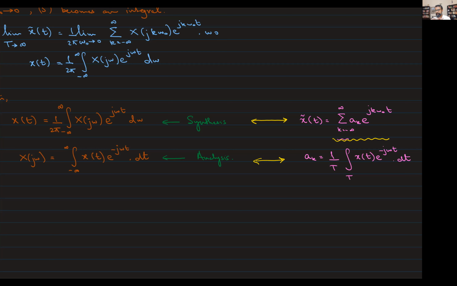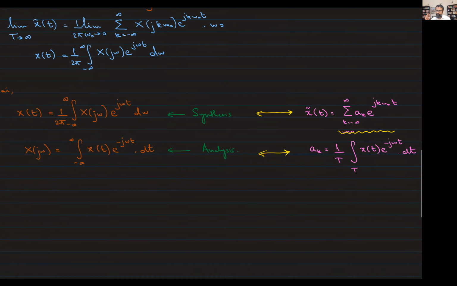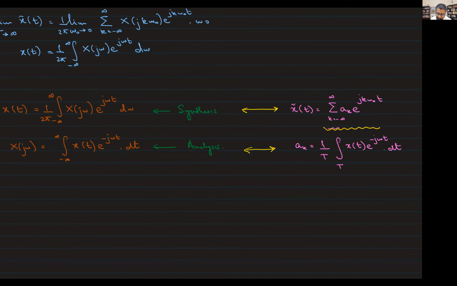So Asad Khalid says, okay, it's AK. Asad, what was AK? Intuitively, if you can try to explain to me, what was AK representing?